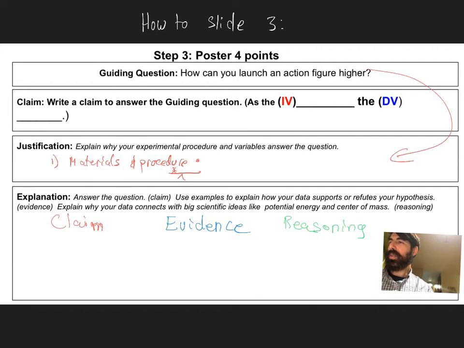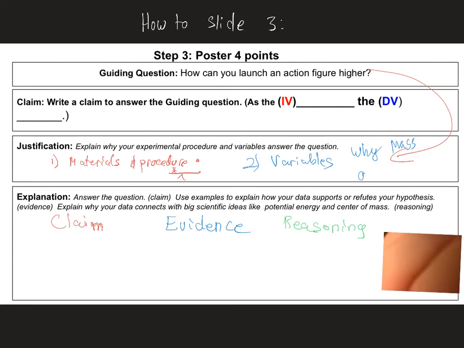And then number 2, you're going to explain about your variables. Why mass or height is the important variable to test to answer this question.